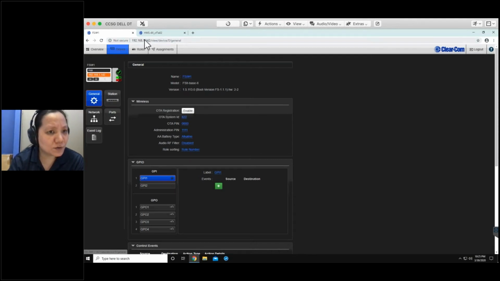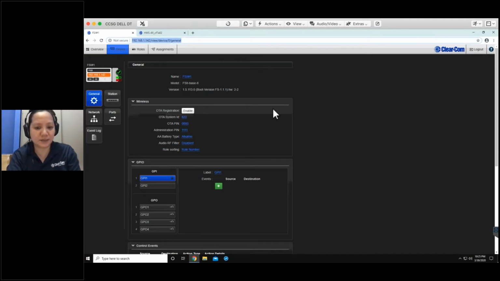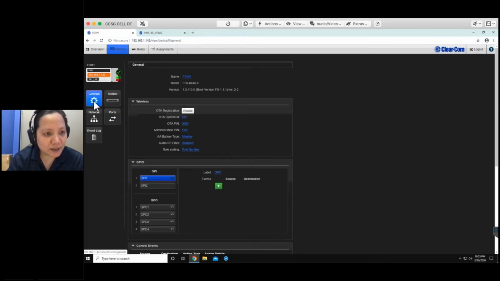Let's see, I think it's still admin. The password is actually the last four digits of the serial number of the belt pack. No, it's not that, it's the mDNS number, a unique identifier number.